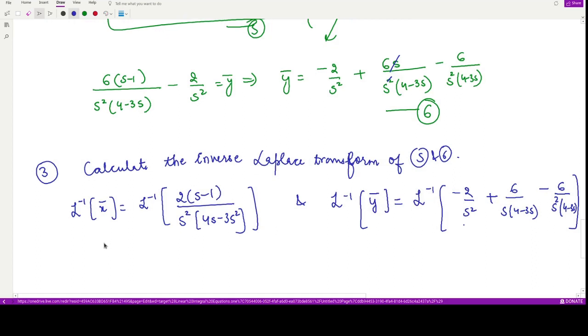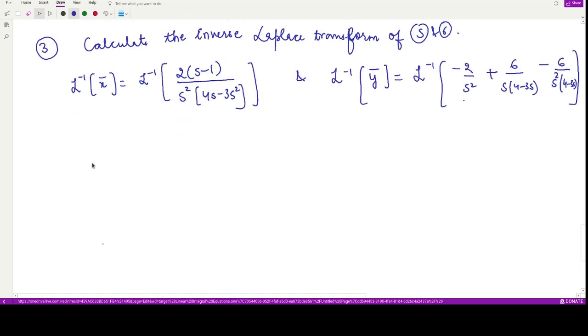So that means after calculating the inverse Laplace transform, this term x bar, its answer would be 1 divided by s³ plus 2/s² minus 1 divided by 2(s minus 2/3). I'm sorry, here the final answer is not this one.